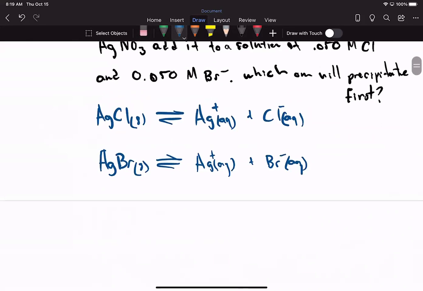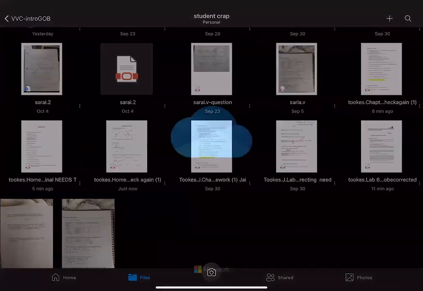Let's see what the KSP is here. Let me open up the book.